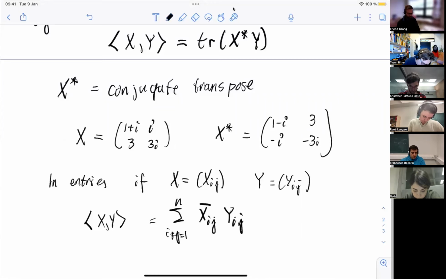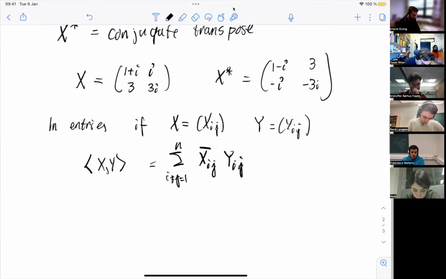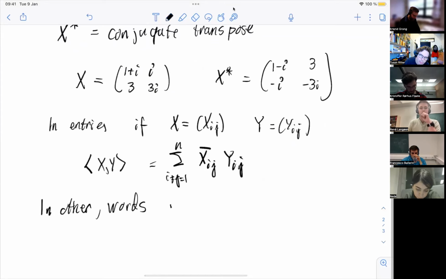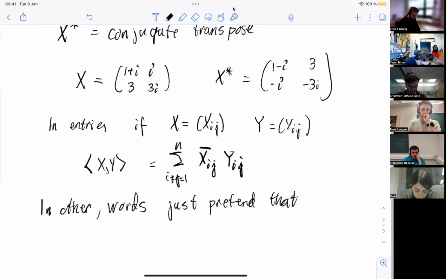So in other words, just pretend that M_n(C) is C^(n squared).